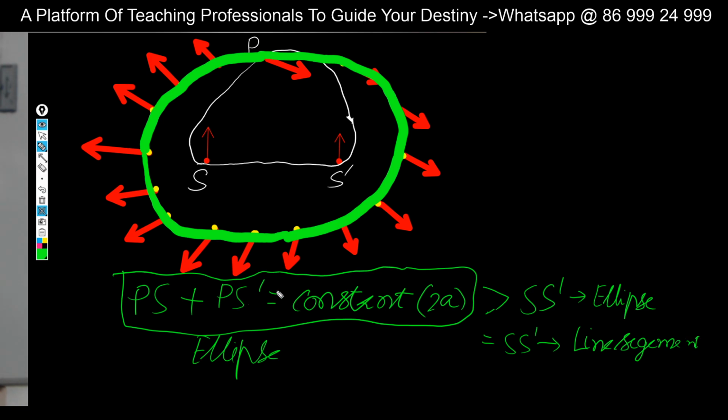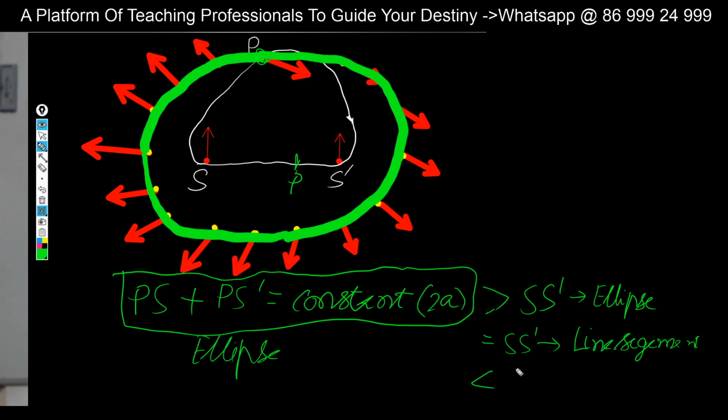PS plus S dash P is equal to SS dash means this P comes and sits here. It moves on this line segment. Then only SP plus S dash P becomes 2a. That becomes a line segment.